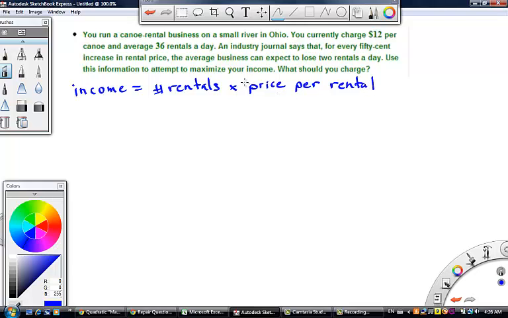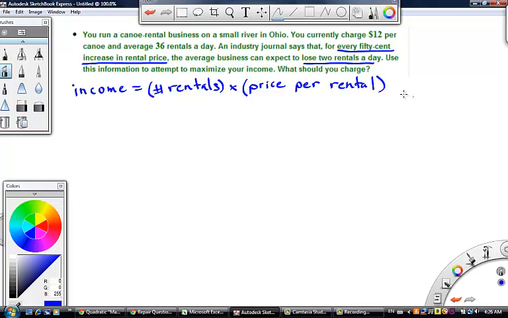This is a pretty typical setup for most of these kinds of word problems. What you're basically going to do is try to find an equation for rentals and for price per rental. Now the key to this is that they told you that for every 50-cent increase in rental price, the average business can expect to lose 2 rentals per day.